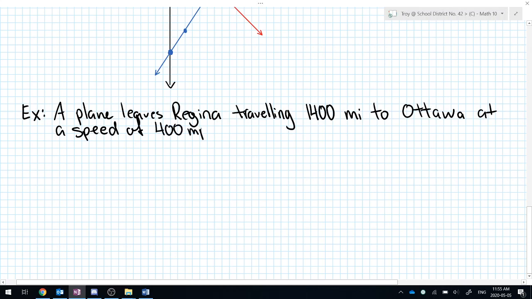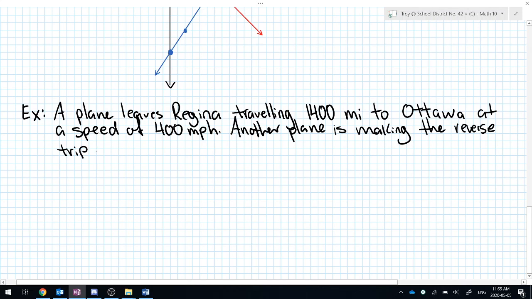Another plane is making the reverse trip at 350 miles per hour, departing at the same time.